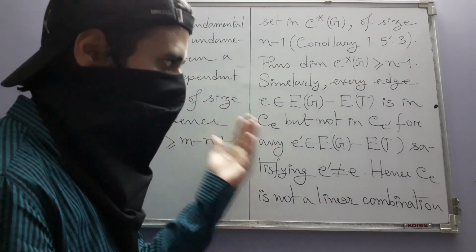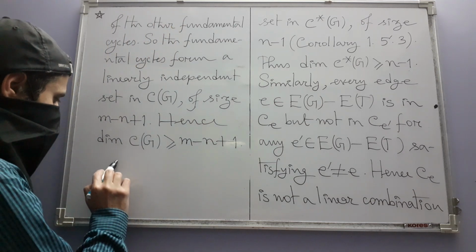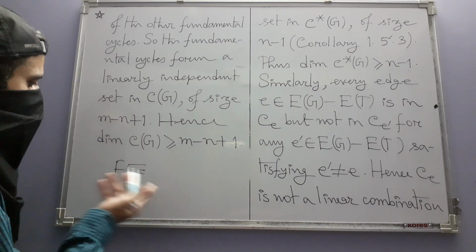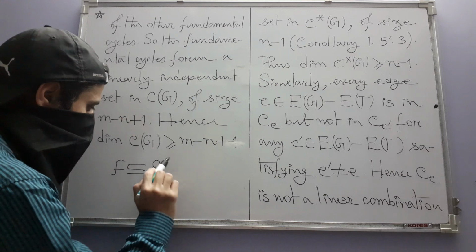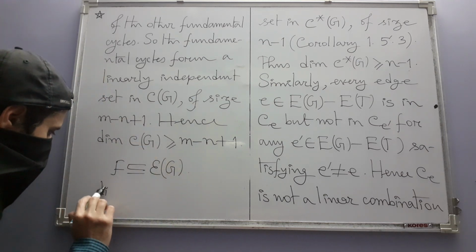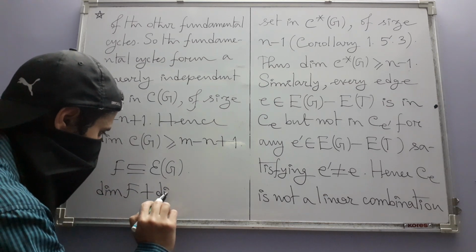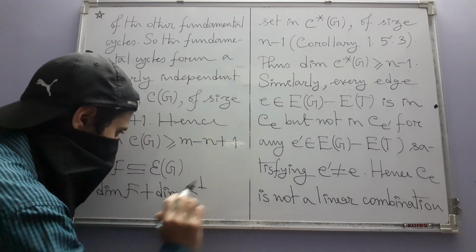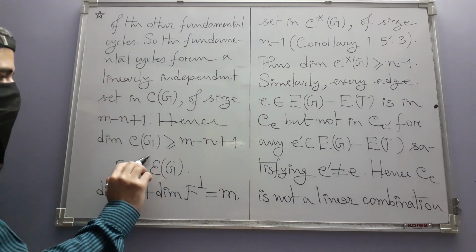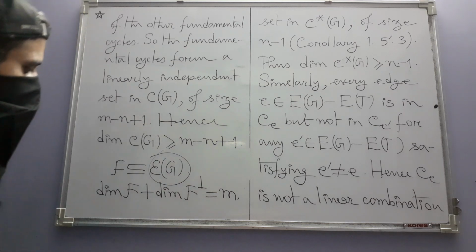And even before that we have seen one more identity, namely that if you have any subspace F of the edge space of G, then the dimension of that subspace plus the dimension of its orthogonal complement F perpendicular is m, where m is the number of edges in G and is also the dimension of the entire space.